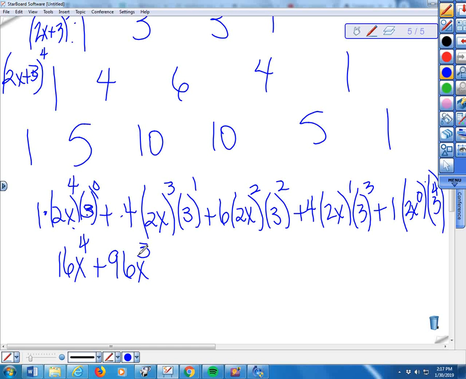No, 72. 72x squared. 24 times 3, yep. Okay, plus 3 cubed is 27 times 8, 216. Plus 3 to the 4th is 81.